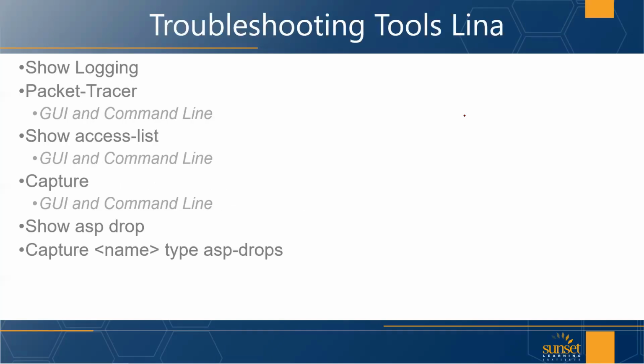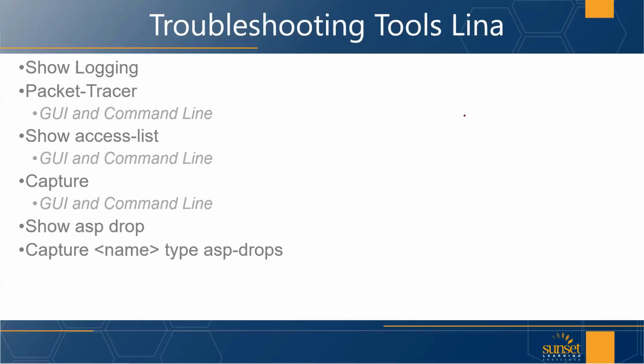Now, troubleshooting. We have two types of troubleshooting here because, again, in the next generation firewall, we have the Lina plane, which stands for Linux on ASA, and we have the SNORT plane. So the Lina plane: show logging, and packet tracer.